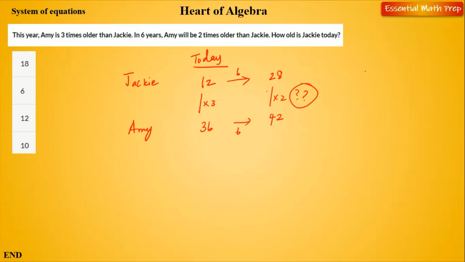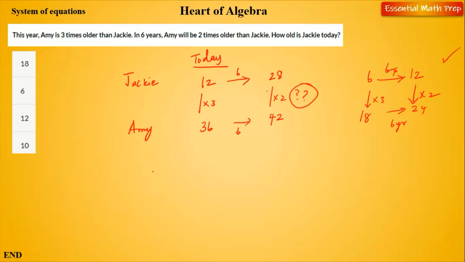If Jackie is 6 years today, that is this year, that means Amy is 18, times 3, right? And in 6 years' time, Jackie will be 12 and Amy will be 24, right? Fast forward 6 years. The calculation works. Amy is 2 times older than Jackie.